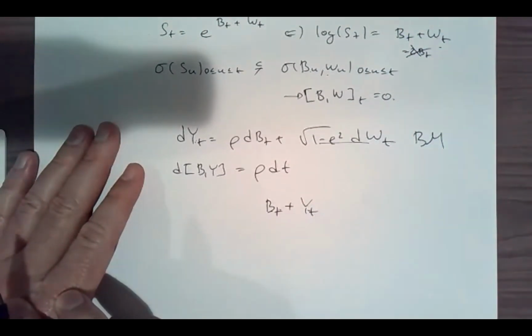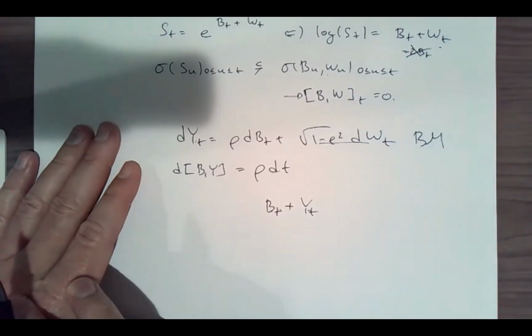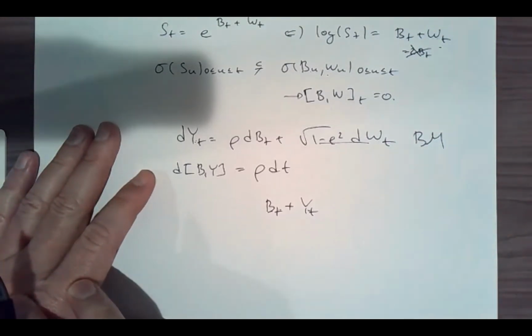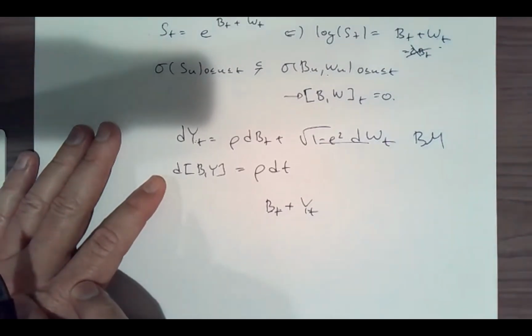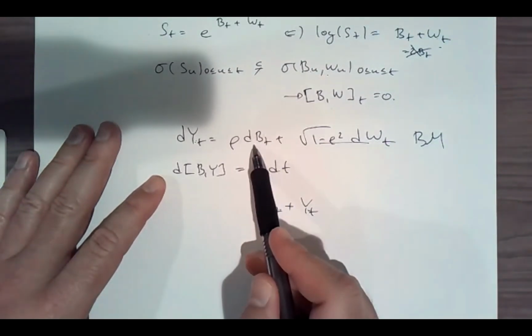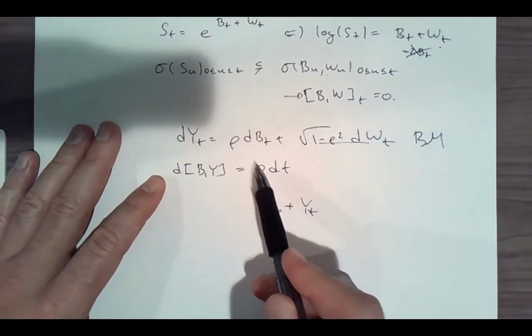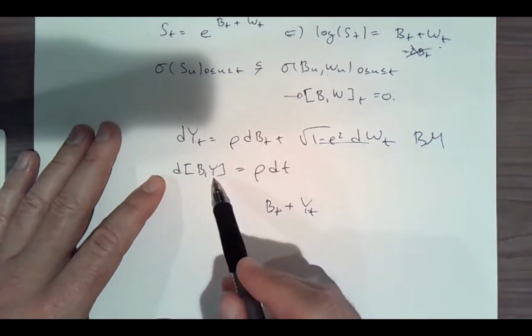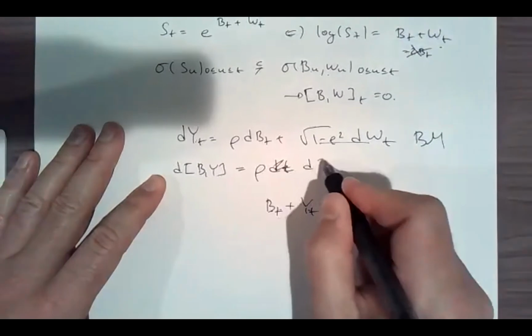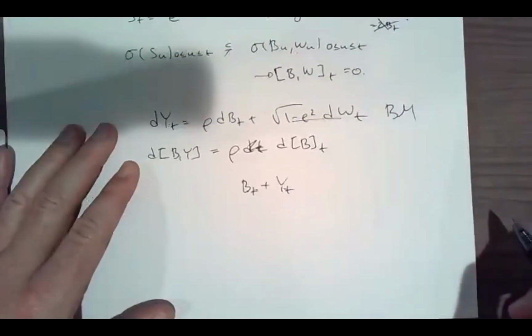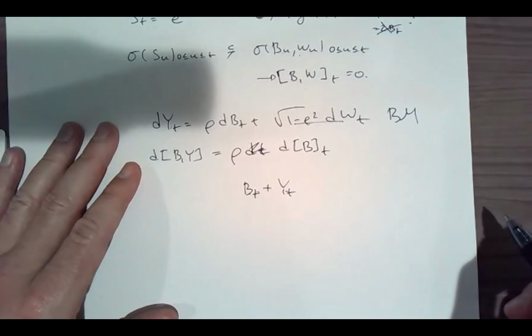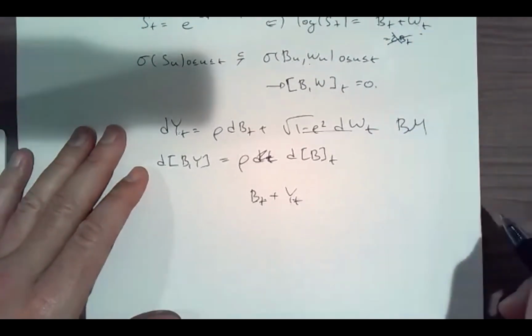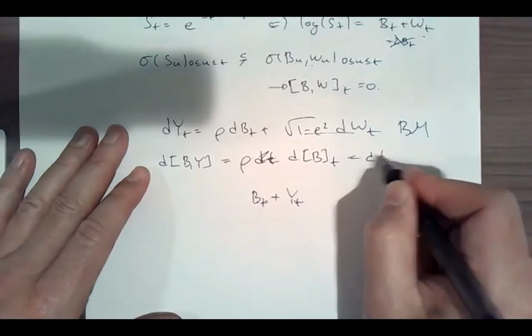When you consider the cross variation between B and Y, the coefficient in front of the dB_t is what becomes the cross variation, and you just change the dB_t into dt, because this here is d of B. And then the cross variation of B with itself is t. Yeah, okay, I got you.